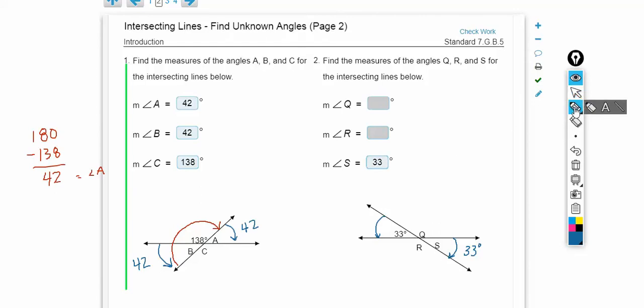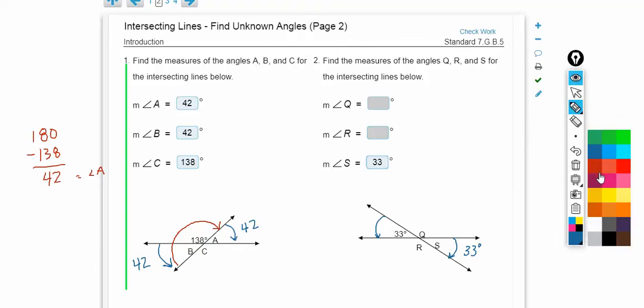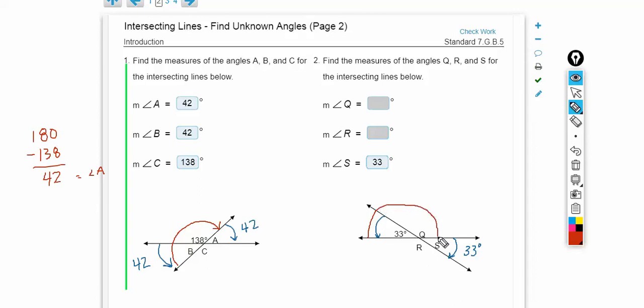Then we're going to do a supplementary angle right here. We go from here across to here. That's 180, that's supplementary. Part of it is 33, so we will subtract the 33.